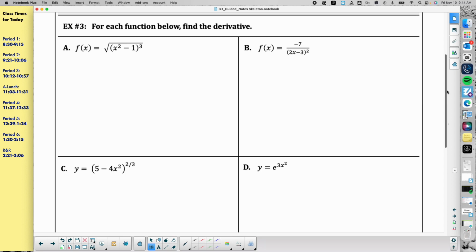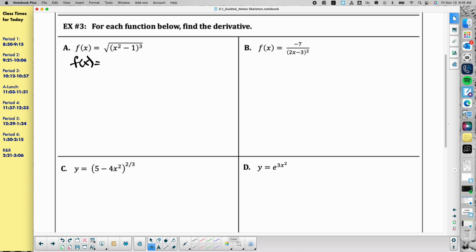First thing I'll do with A is rewrite it so that it's in the form we use when we do derivatives. Like any square root we had before, we purposely wrote as a power. Anybody tell me how I should rewrite this?